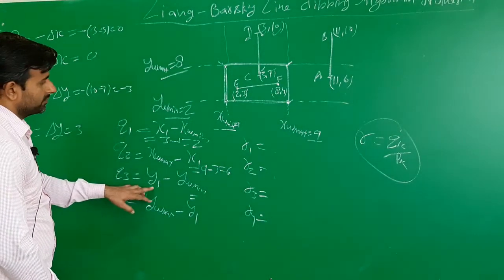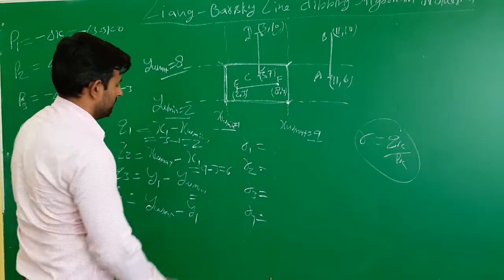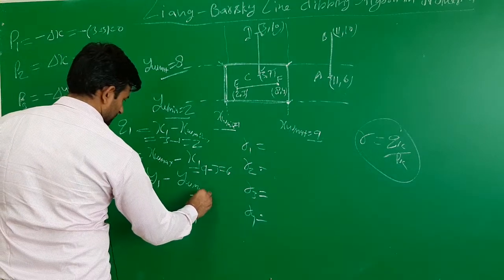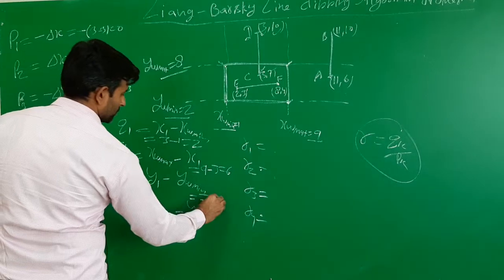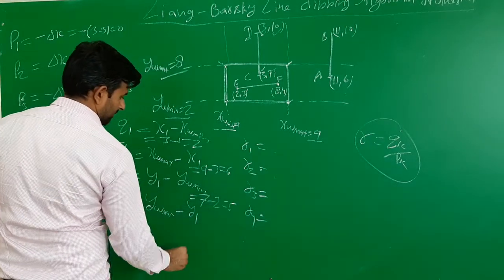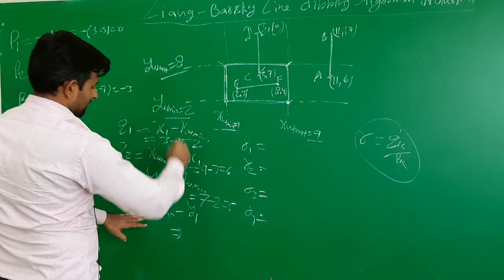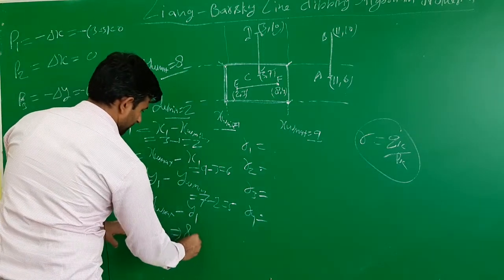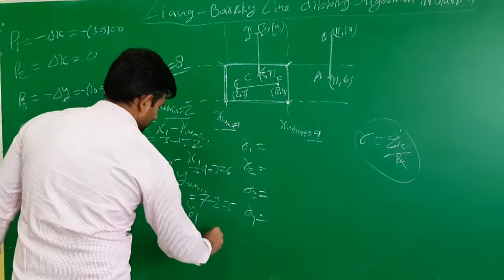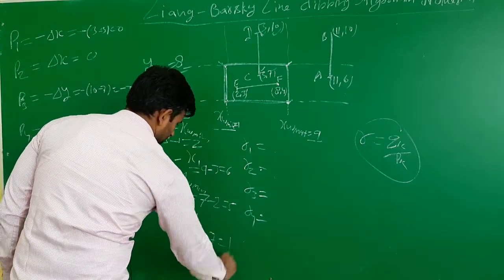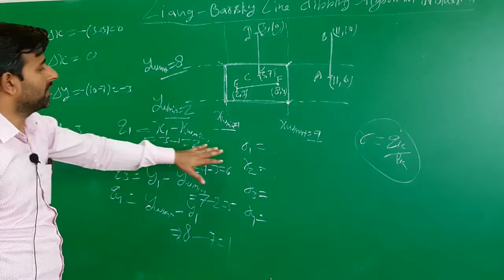Q3 is y1, which is 7, minus yw minimum 2, equal to 5. Q4 is y max 8 minus y1 7 equal to 1. Now we will find the R values.